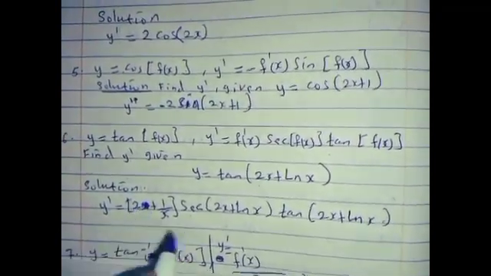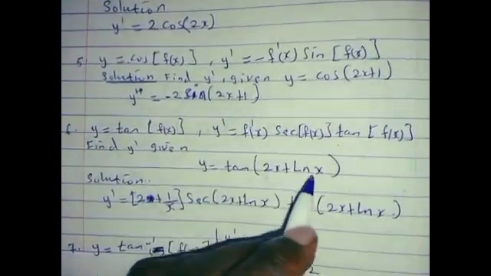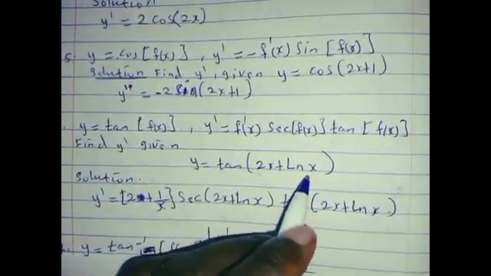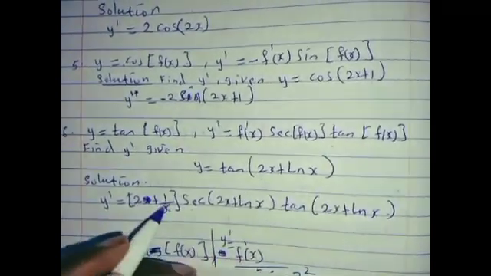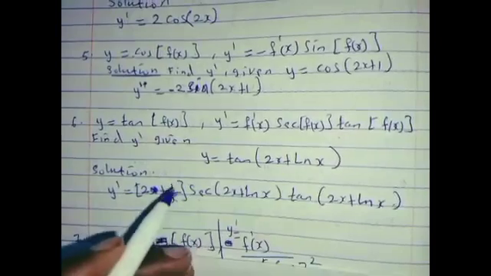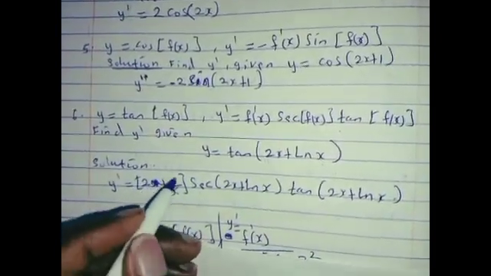Natural logarithm of x differentiated is 1 over x. That is why we have here 2 plus 1 over x.